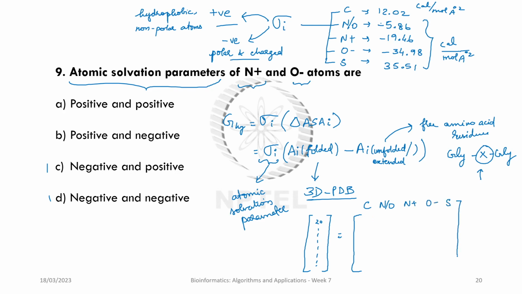So here they have assumed N and O to have similar solvation parameter, and you have these as a 5 cross 1. Again it will be 1 2 3 4 5. So by looking over multiple structures, they have arrived at these empirical values for C, NO, N plus, O minus, and S.